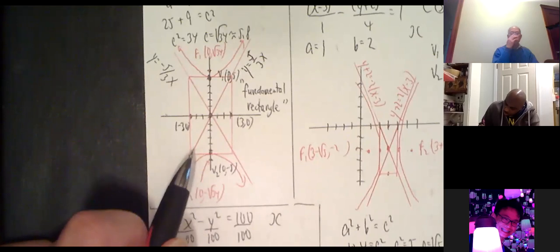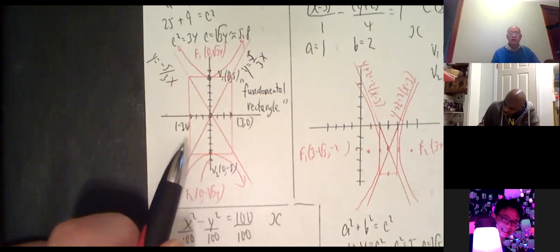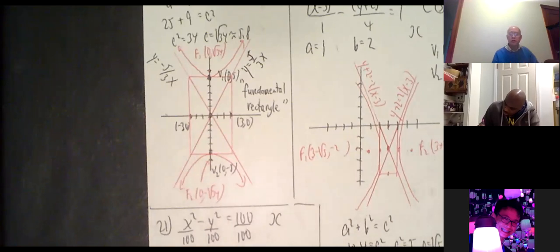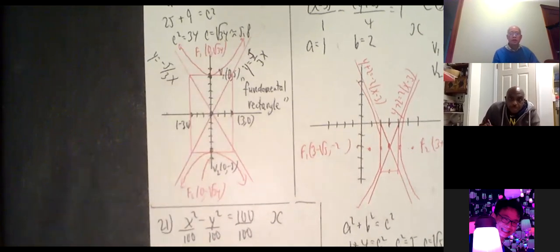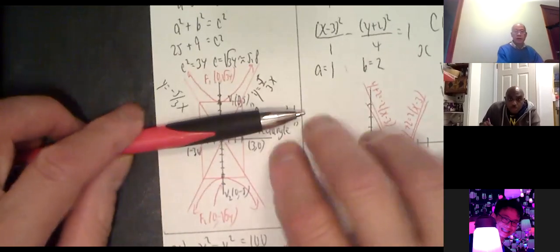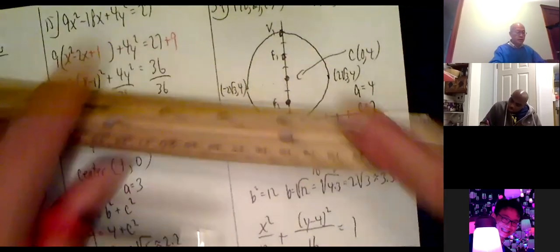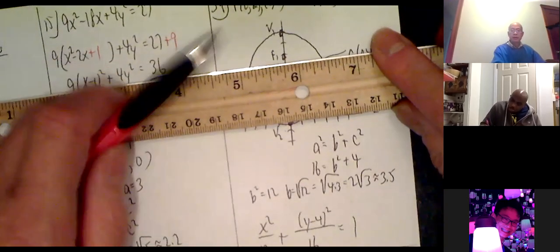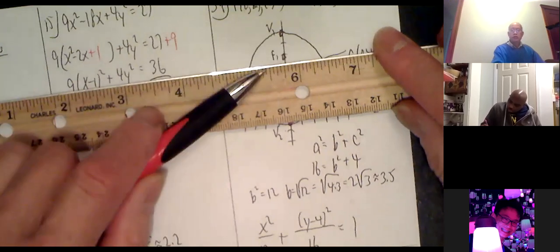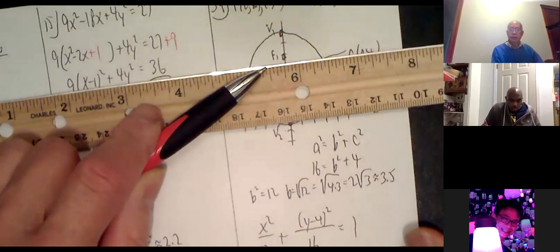I want you to notice for all the shapes, parabola, ellipse, hyperbola, if you look at a very small portion of the curve, it looks like the focus is on the inside of the curve, right? Look at a small portion of the ellipse, it's going to cover everything else. If I just show you that portion, you can't really tell if it is a parabola, ellipse, or hyperbola.